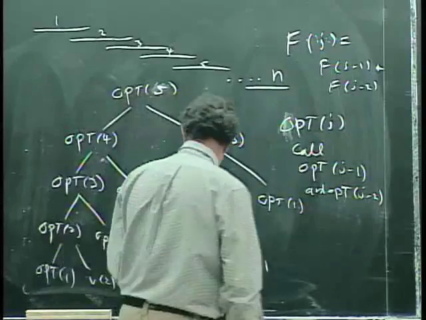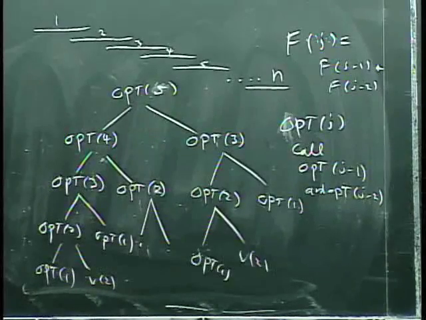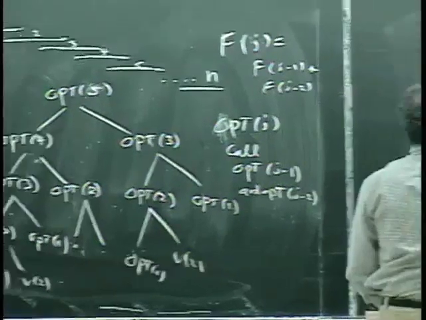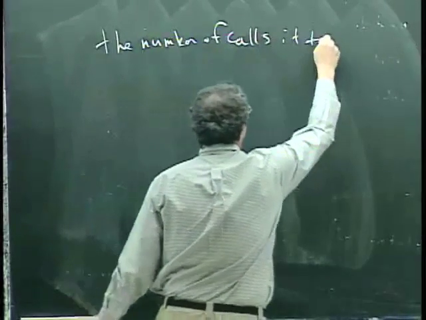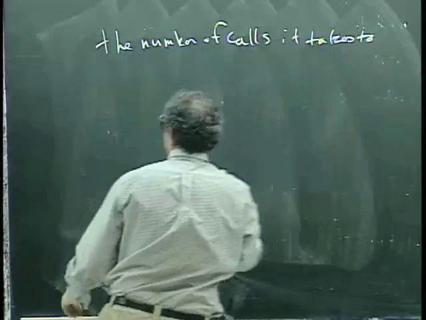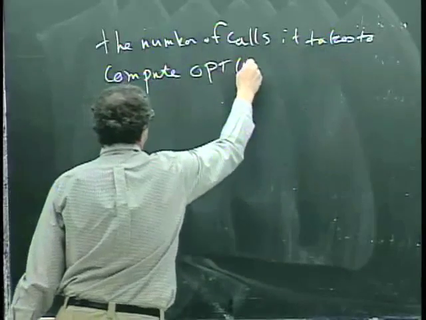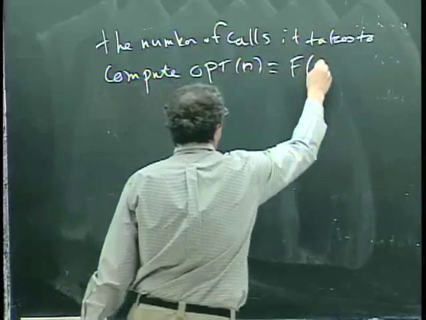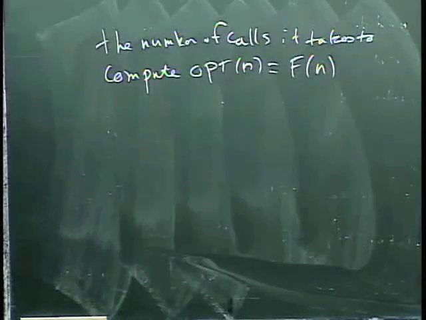So in fact, the number of calls it takes to compute opt of n is equal to the Fibonacci number of n. Or so, I may be off by the base case or something, but essentially it's growing like the Fibonacci number.